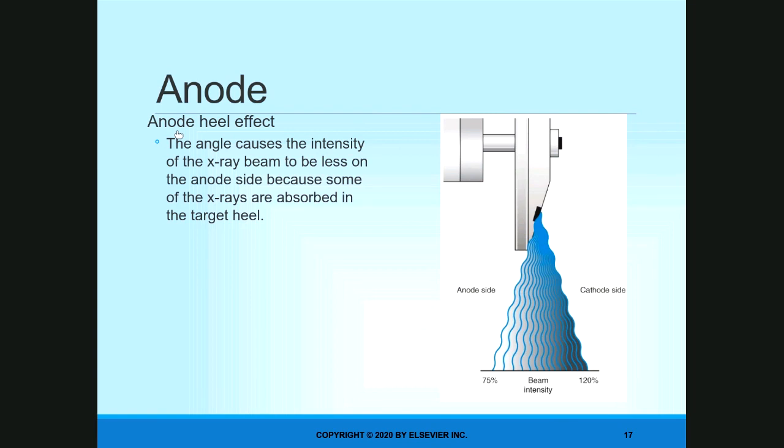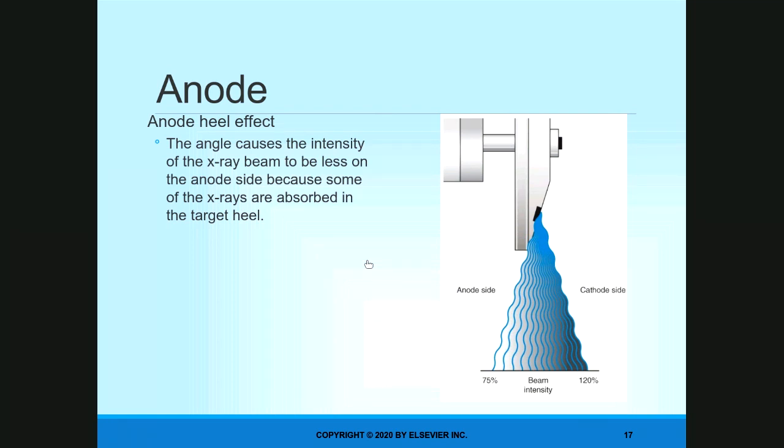But when we talk about the anode and the anode heel effect, basically, when the target angle becomes too small, what happens is that the beam area might not be big enough to fully expose a 14 by 17 image receptor at a 40-inch SID, or source to image receptor distance.